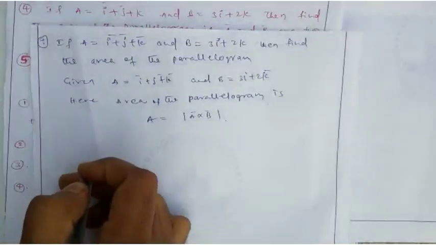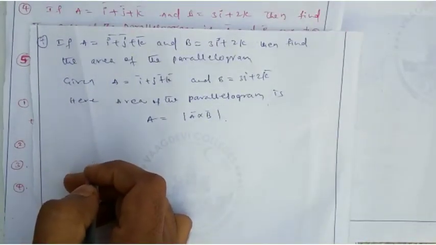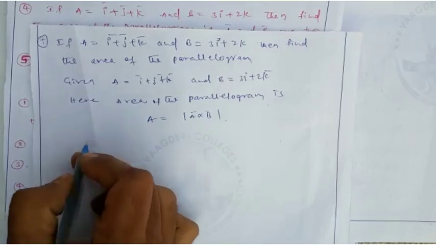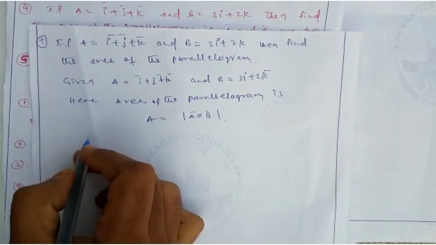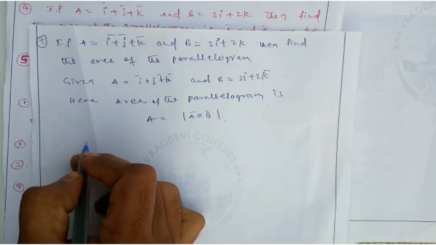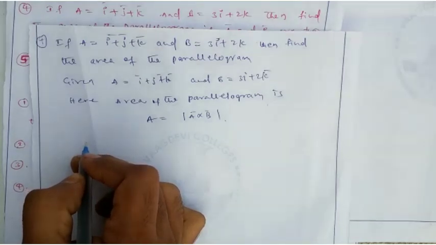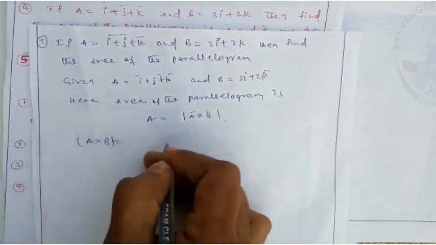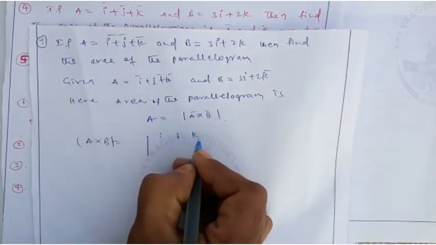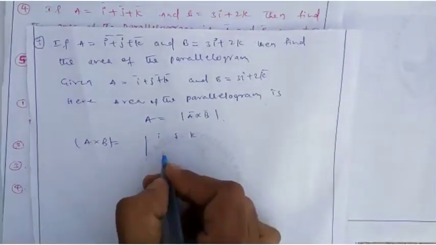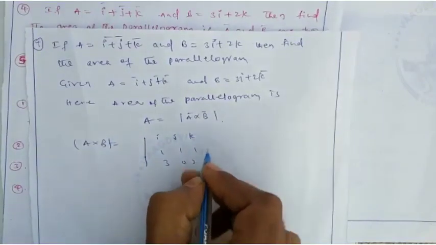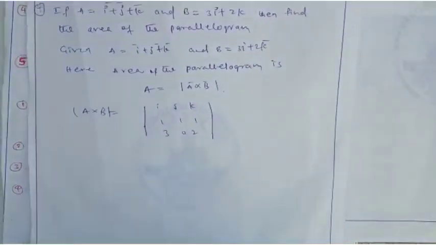So here we have A and B. Performing the calculations, we get the area of the parallelogram. Here we are doing the cross product. That is, A cross B is equal to the determinant with rows i j k, 1 1 1, and 3 0 2, because j is 0 here.